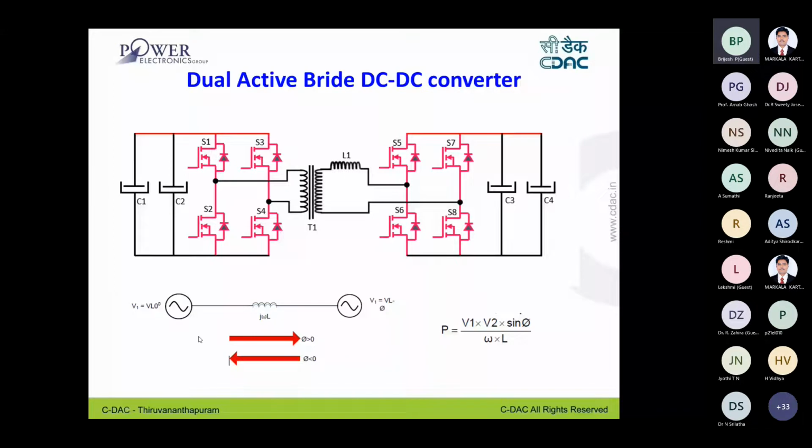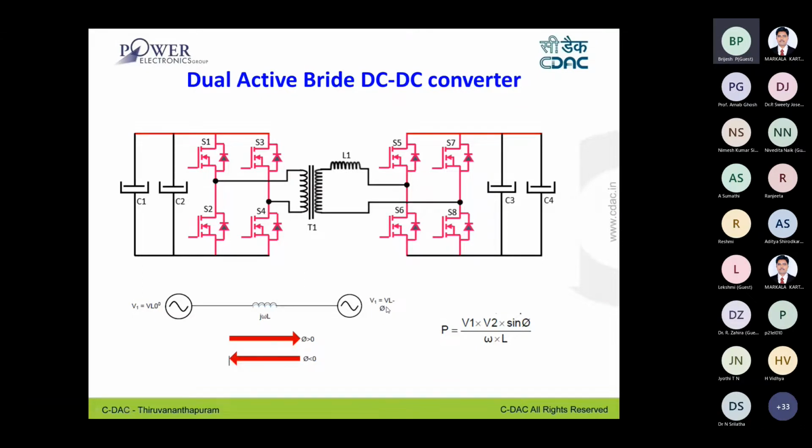So the basic principle of the dual active bridge converter is the power transfer equation. Here V1 has a magnitude and angle, and V2 also has a magnitude and angle.